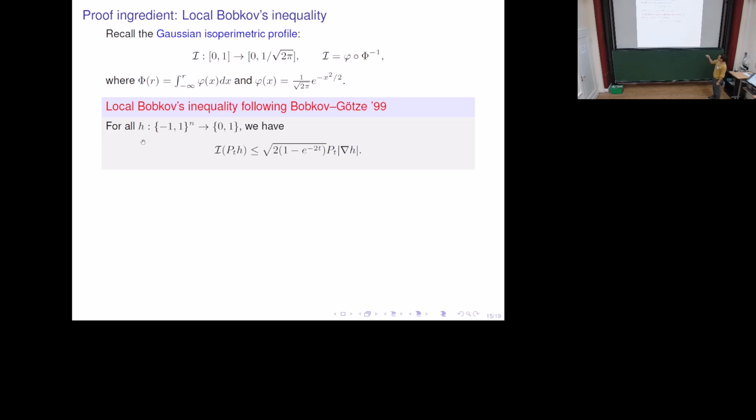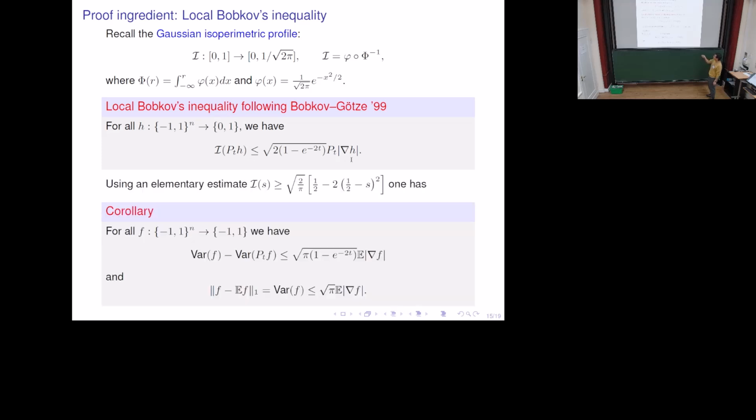Then you have the following estimate: the isoperimetric profile of P_t h is bounded from above by this quantity times the semigroup acting on the absolute value of the gradient of h, which is essentially the square root of the Bakry-Emery Gamma, but let's take the gradient form here.